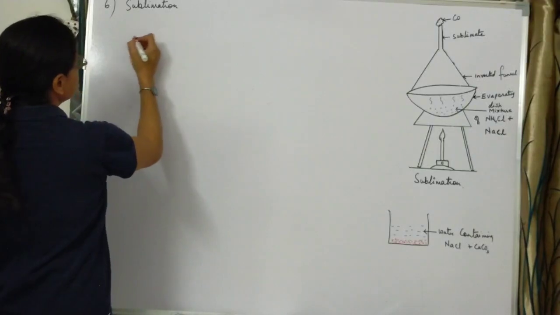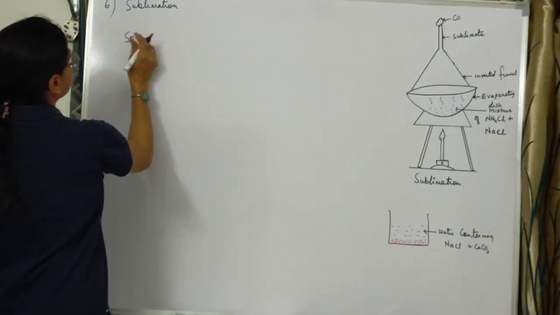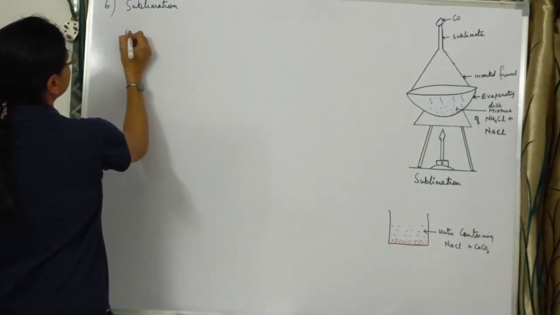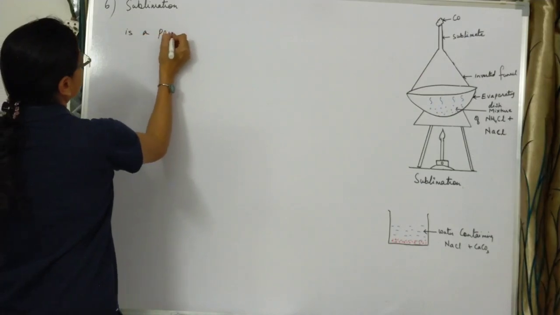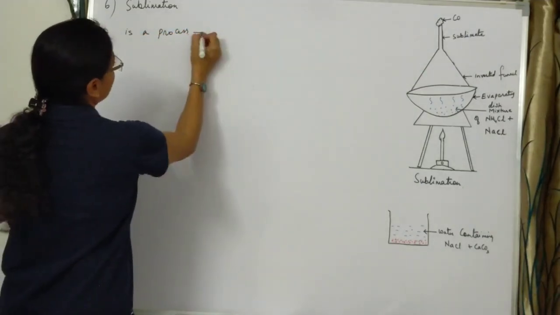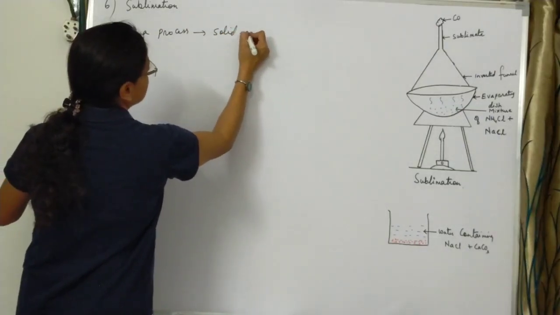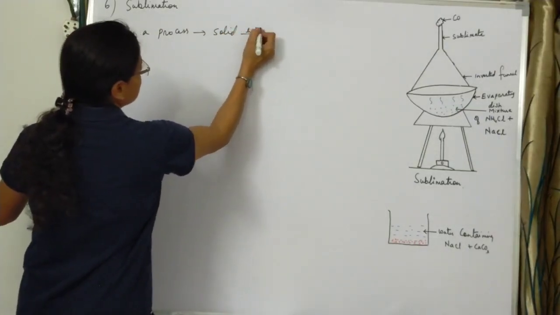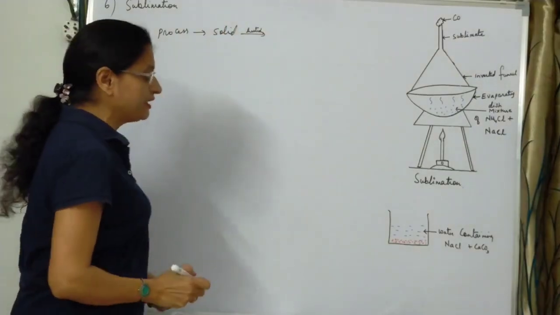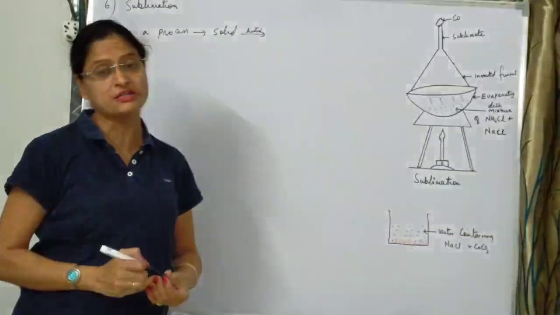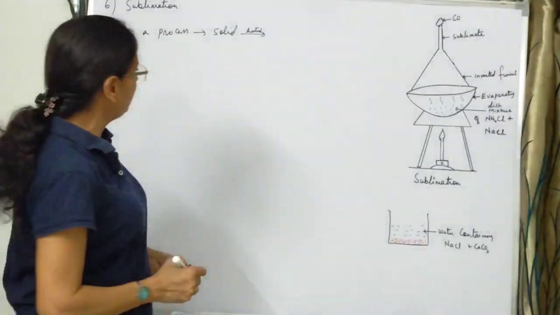Sublimation is a process in which a solid, when it has been heated, is supposed to go to the liquid state, but it does not go through the intermediate liquid state.